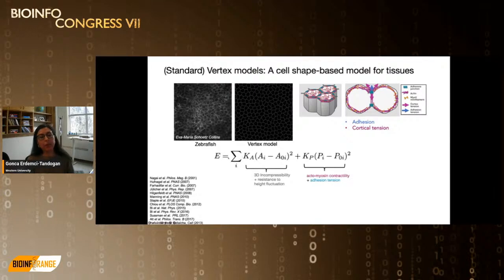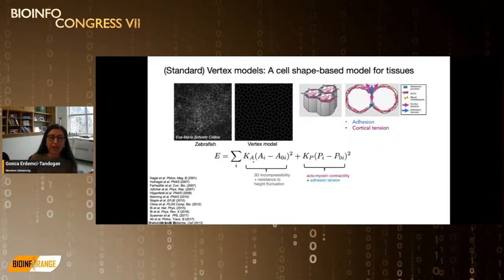And in this type of model, we write a mechanical energy. These are mechanical models. This is the total mechanical energy of the tissue in terms of cell geometries, cell area, and cell perimeter. These are actually very simple models in a sense that this is nothing but a spring energy. So if you consider, for example, a 1D spring, the energy of a 1D spring is 1/2 k delta x squared. And similar to that, here we have K_A delta A squared and K_P delta P squared.